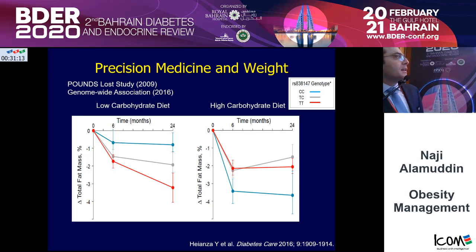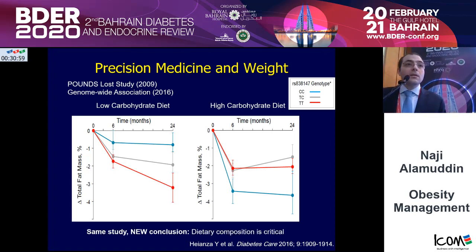Depending on the allele the patient has, if you have the CC allele, you don't respond as well to a low-carb diet. But if you have a TT allele, you're more likely to respond to a low-carb diet. So when you reanalyze, the results are different. It's the same study, but new conclusions: that dietary composition is critical.